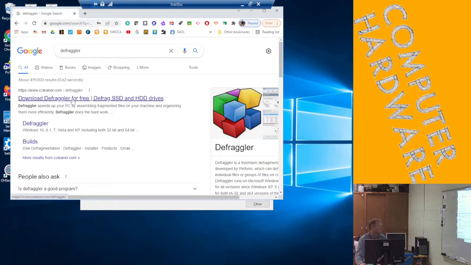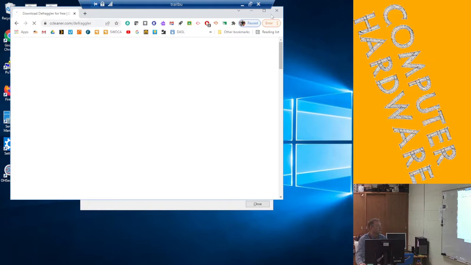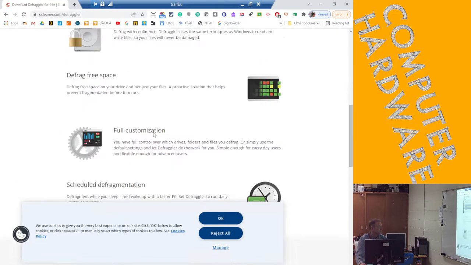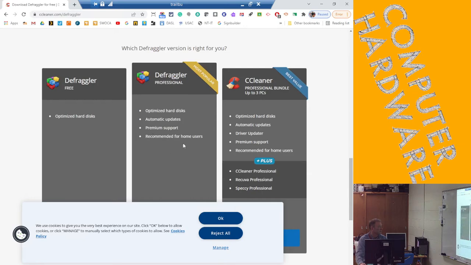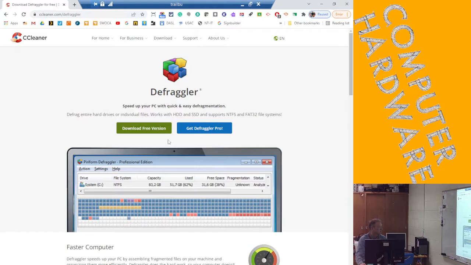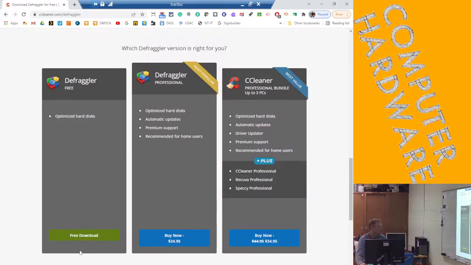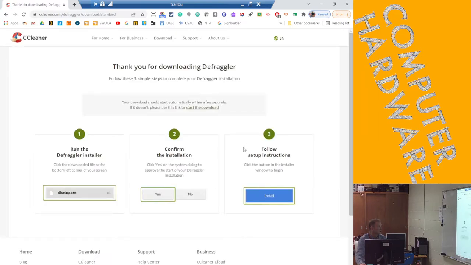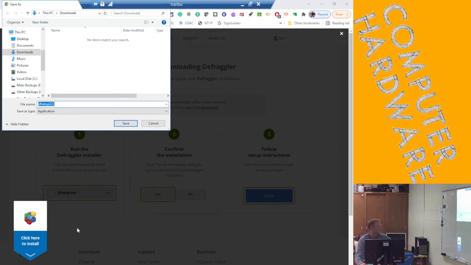Sure, update password. I don't know if it'll work on an enterprise machine or not. Let's see, it may tell us we can't use it. We're going to find out here in a second. Thank you for downloading.